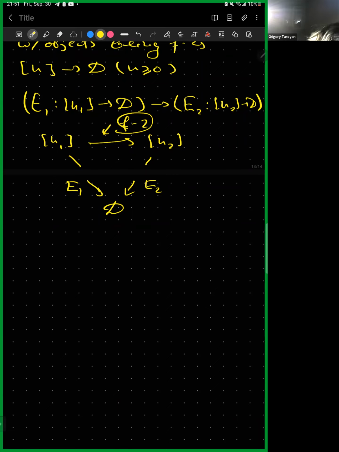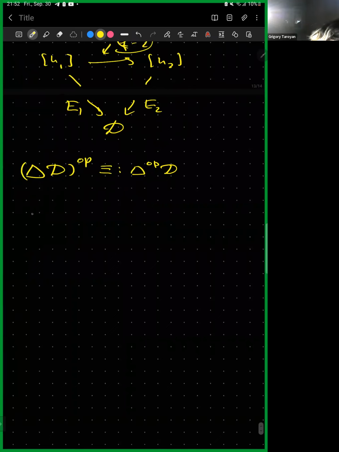And so we'll denote by Δ/D this category, and the opposite category will be denoted by Δ^op/D. So Δ/D and Δ^op/D are real categories.